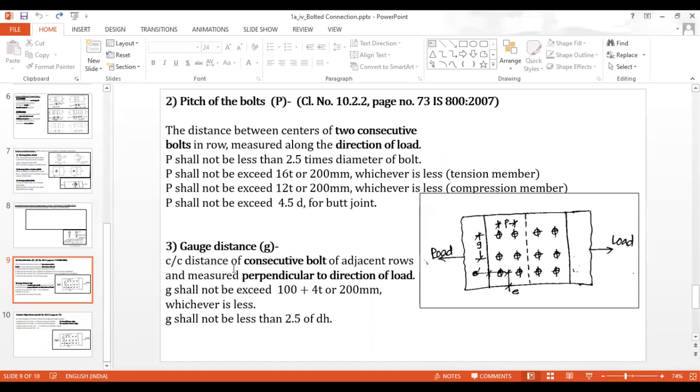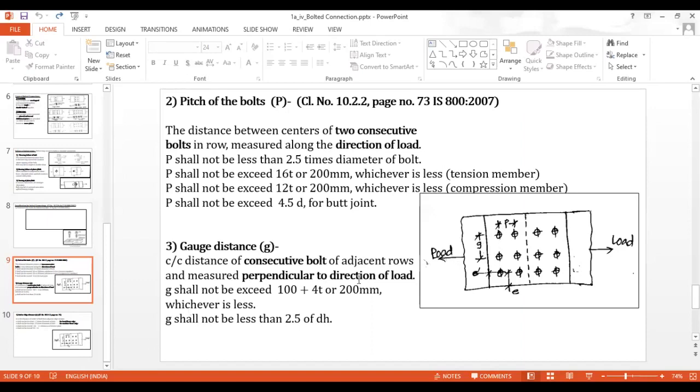Then the third terminology is the gauge distance. The center to center distance of consecutive bolts of adjacent rows, measured perpendicular to the direction of the load. Here in the diagram we come to know about the gauge distance. In simple words, the center to center distance between two consecutive rows of bolts is the gauge distance, and it is measured perpendicular to the direction of the loading.